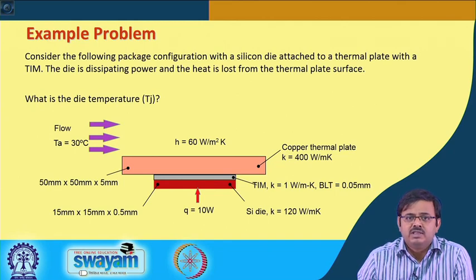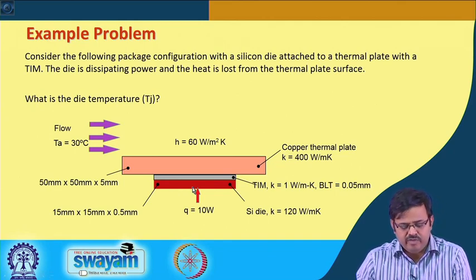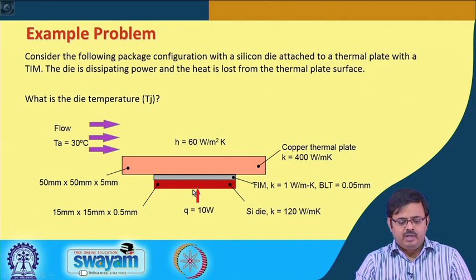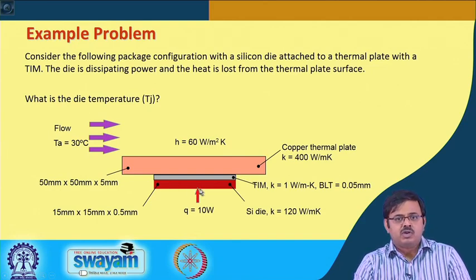So, what we will do is, we are going to see how the heat is going to flow. The heat is generated at 10 watts over here, and it is going to flow first through this silicon die, then through this interface material, then through this copper plate, and finally get dissipated to the air by convection.